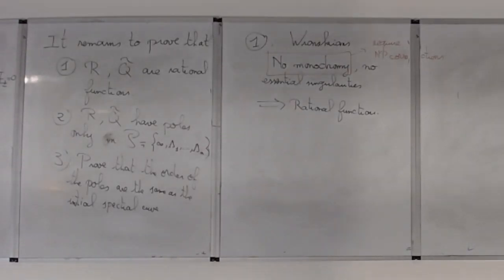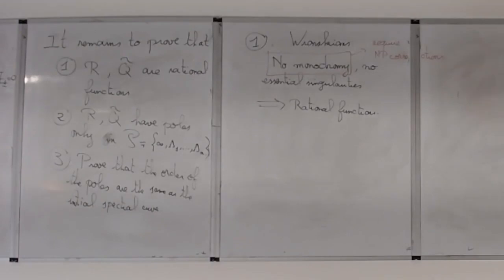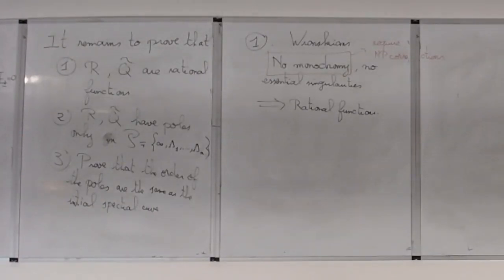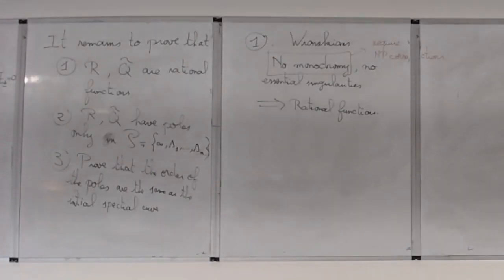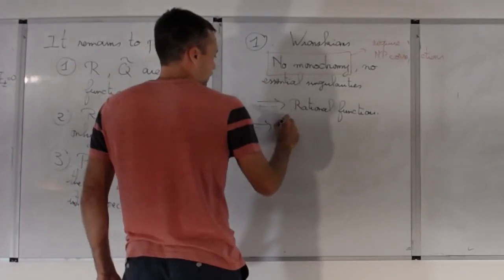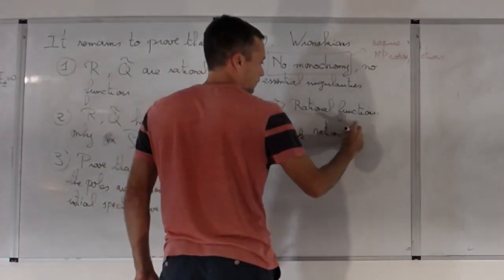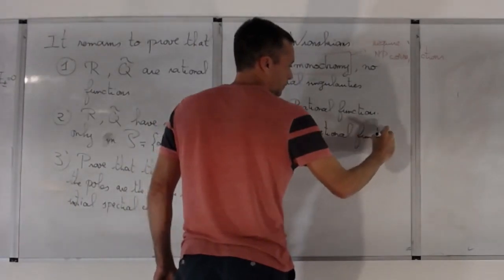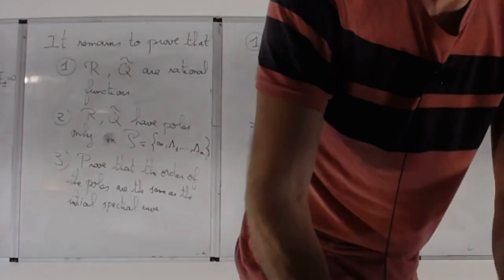When you have this, then automatically you get that R_PK is a rational function because it's a ratio here. And for Q's, it's a little more complicated.